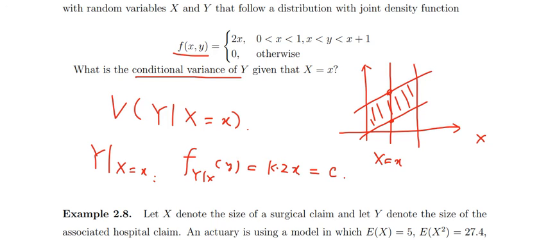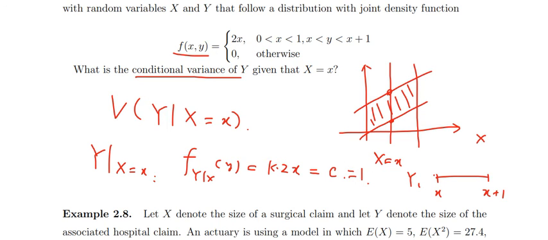Okay, so this constant is just from x. So that's just from y, just from x to x plus 1 is uniform distribution. So we know this is constant c equal 1.